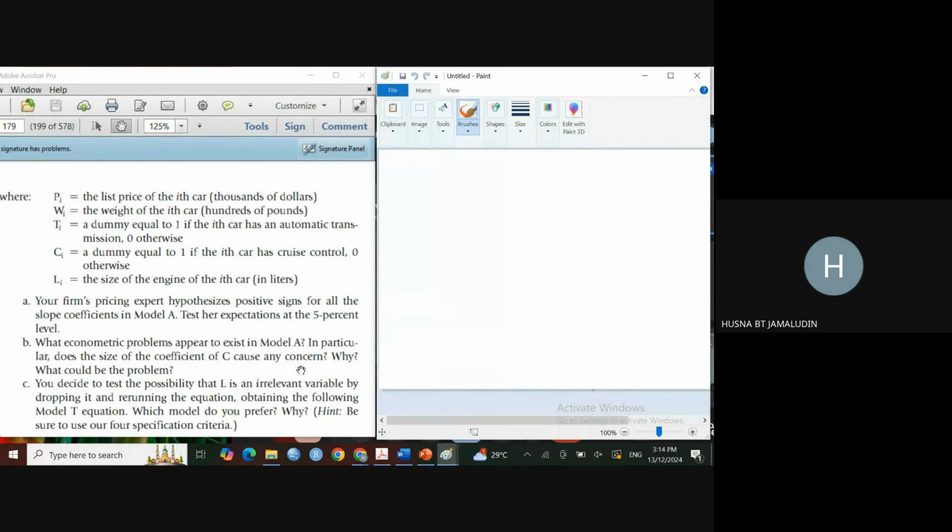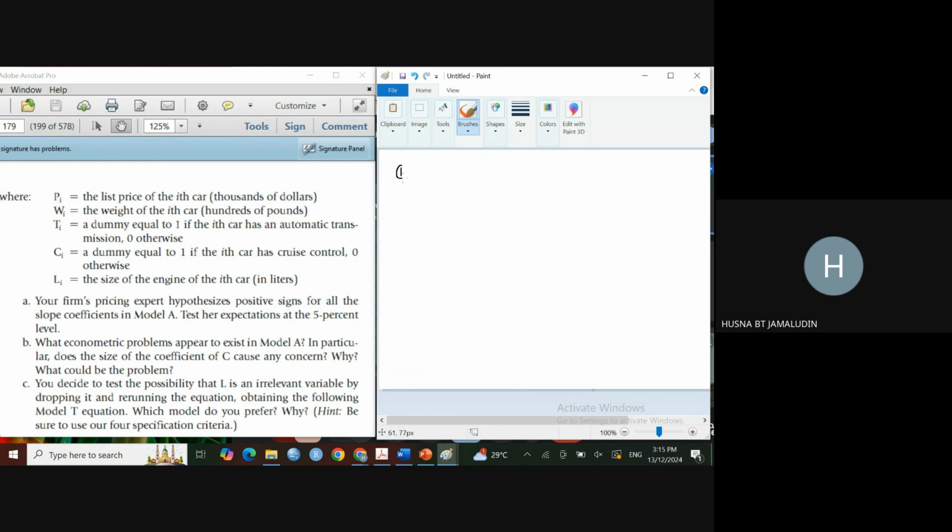When you check all the variables given, make sure that it covers all the relevant ones. So you have to think what other potential relevant variables should be included in this equation. That is the first thing.